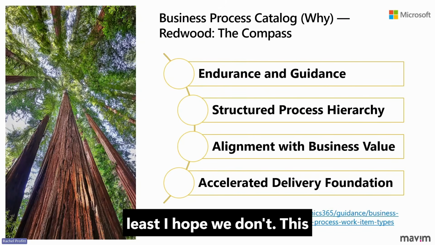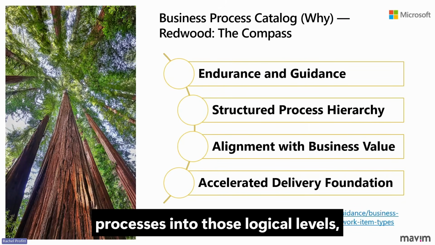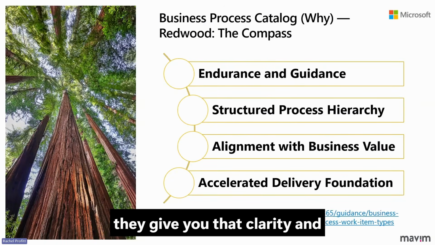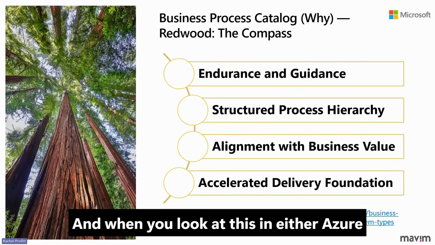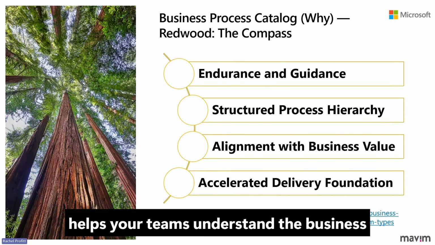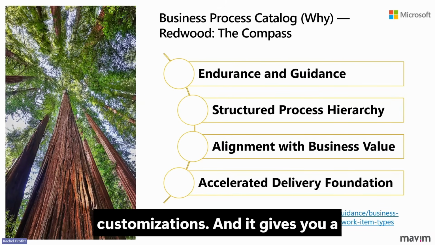We don't burn down the forest every time we want to make a change, or at least I hope we don't. This tree organizes those end-to-end processes into those logical levels, which we've already talked about, and they give you that clarity and consistency across your implementation. And when you look at this in either Azure DevOps or Mavim, it helps your teams understand the business operations before diving into specific configurations or customizations.